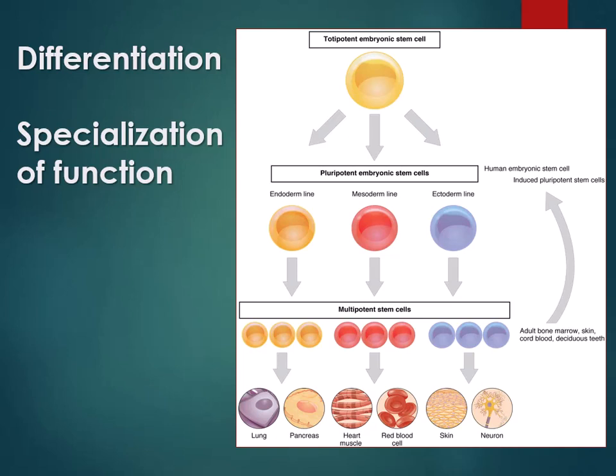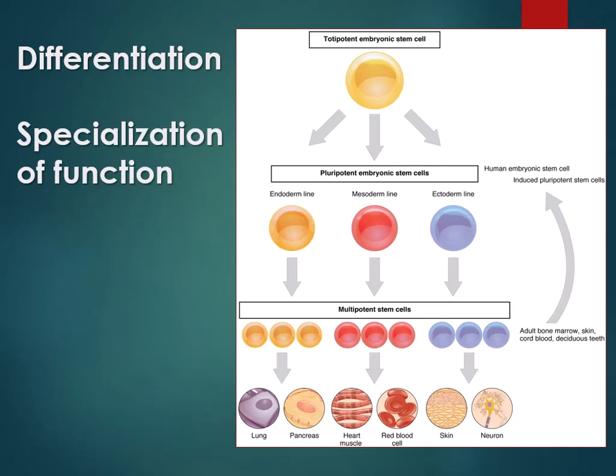When you're one cell big, that cell has the potential to become any kind of cell. 2 cells, if you split them apart, can still become 2 individual identical human beings. When you're 4 cell big, each one of those 4 can become an identical human. But by the time you get to 8 cells big, you cannot pull one of those out and get a human. Already there's a head and a tail, or there's a little bit of specialization.